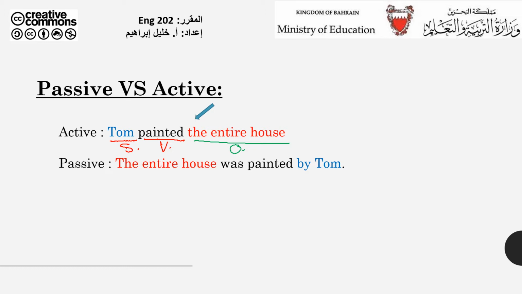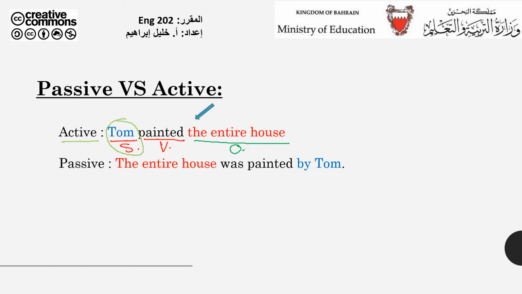So, if I ask you, who is the subject? Who is the doer of the action? Who did the painting? You can say, Tom did this. So we know who did the action. We know who is the doer of the action. Because of this, it is an active sentence.